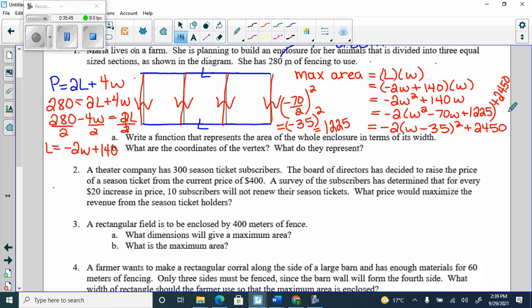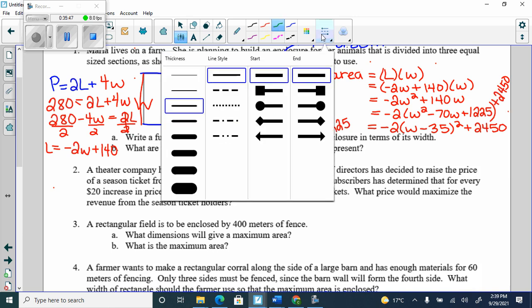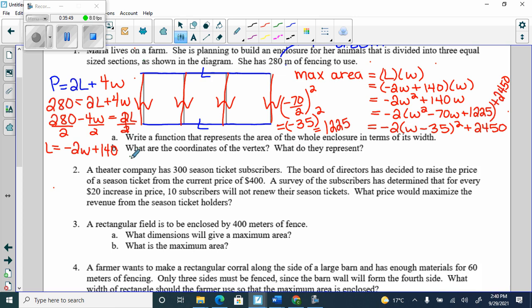So my max area is the back number. I have a max area of 2,450 meters squared. I have a width of 35 meters.